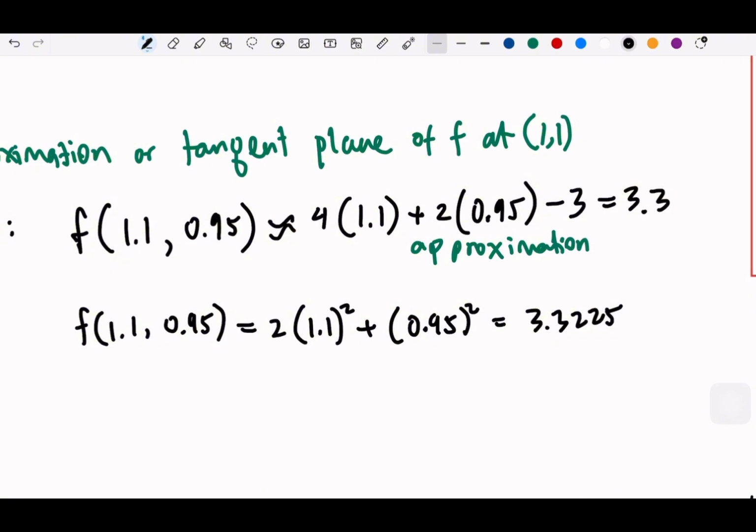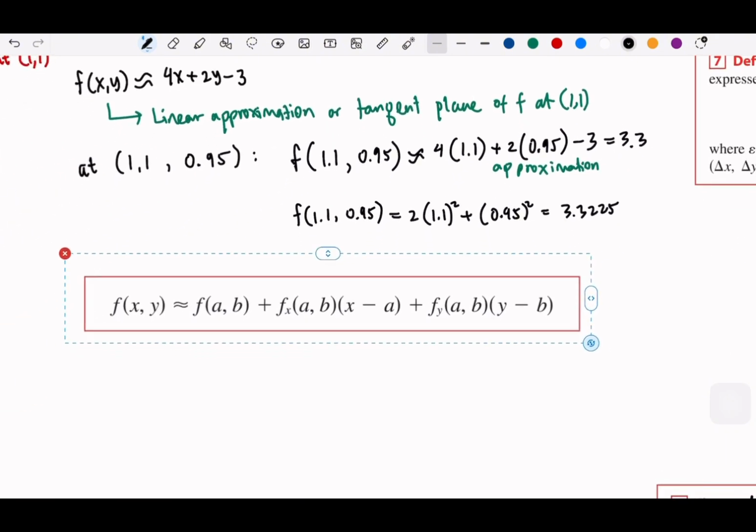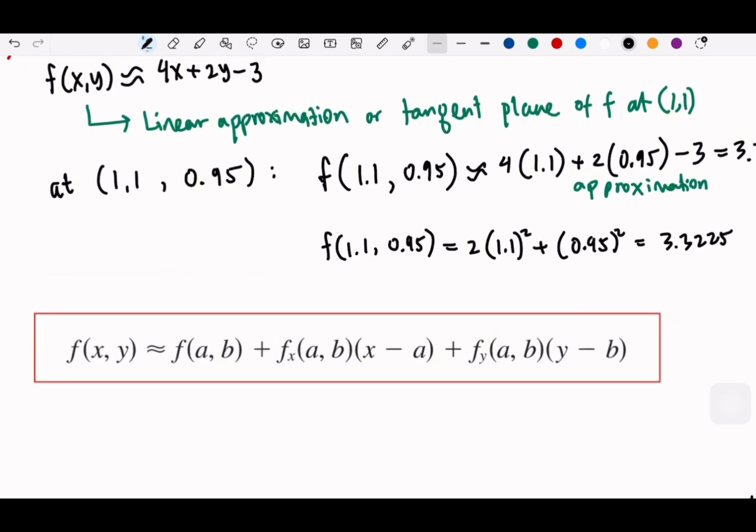But if we take some points that are far away from (1, 1), maybe (3, 4), or maybe (2, 3), the result will be far away. Okay. So as in the expressions here, we can express the approximations.